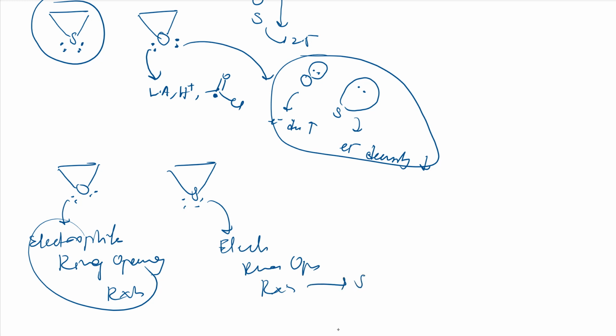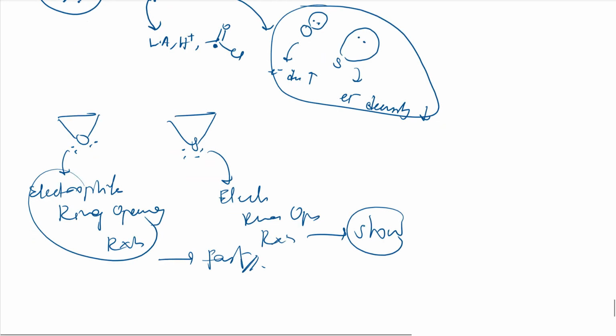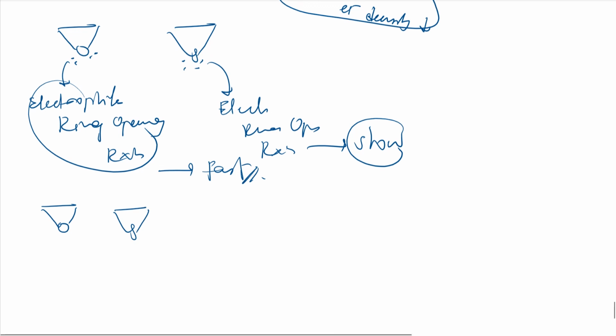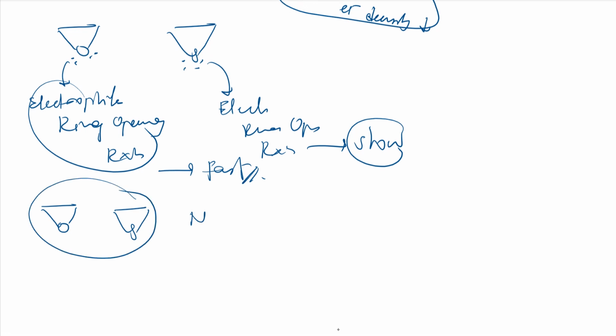The rate will be slow for thiirane, whereas the rate will be fast for oxirane. That you need to remember. And what about nucleophilic ring opening reaction? Both oxirane and thiirane will give nucleophilic ring opening of the same kind, and the rate will be almost the same. These things you need to remember.